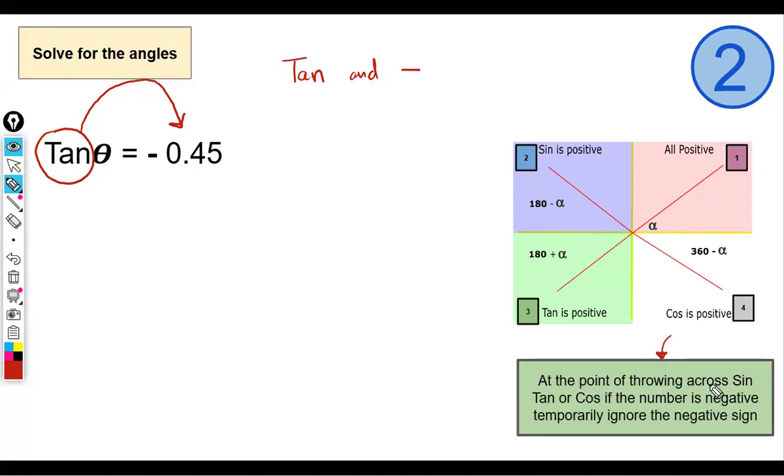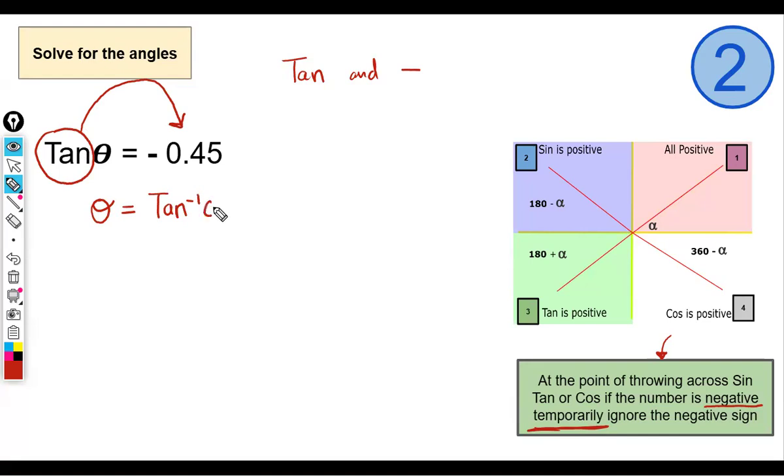At the point of throwing across the sine, tan, or cosine, if the number is negative, temporarily, keyword, temporarily ignore the negative sign, right? So this is what you're going to see for the time being. When you throw across tan, you're ignoring the negative sign. This is how you deal with a negative question.